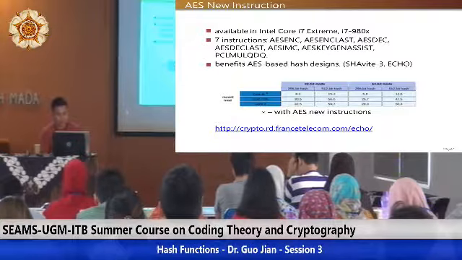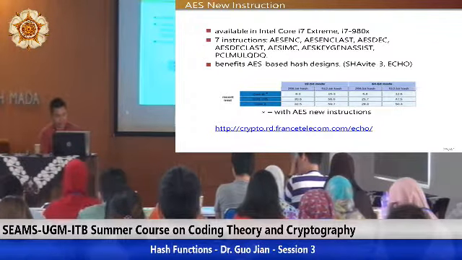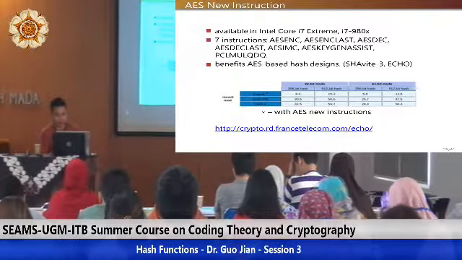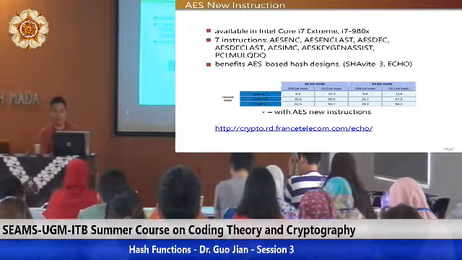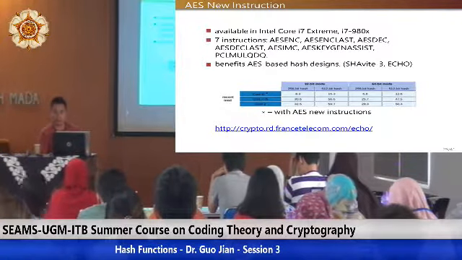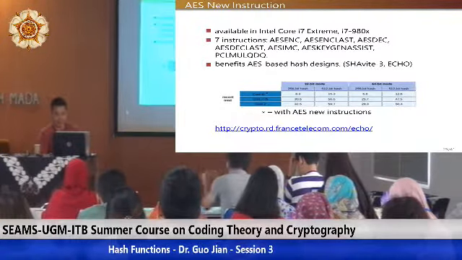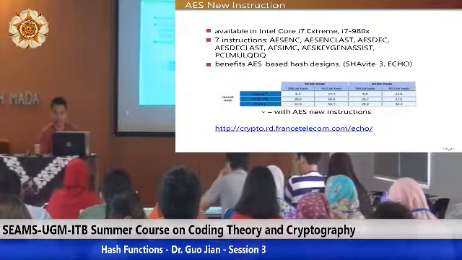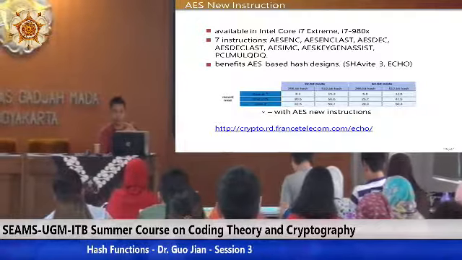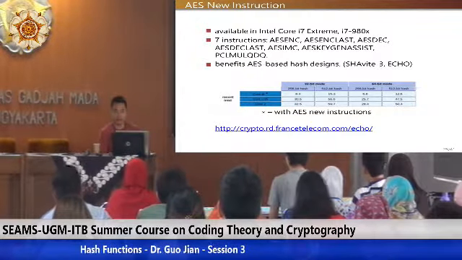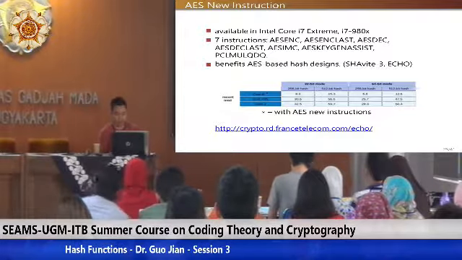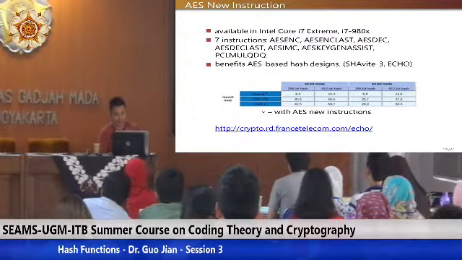For the AES new instruction, it is really helpful because before the AES new instruction, AES runs in more than 10 cycles per byte. With the help of the AES new instruction, it can be run in parallel. So if you have 4 or more cores on a CPU, it can be as fast as 1 cycle per byte. Okay, so there's a huge difference, 10 times difference.